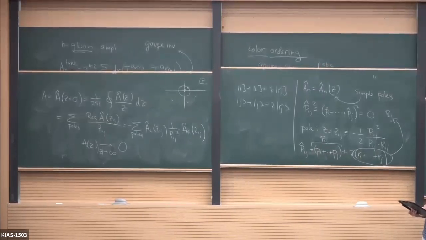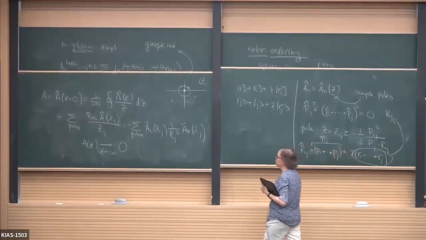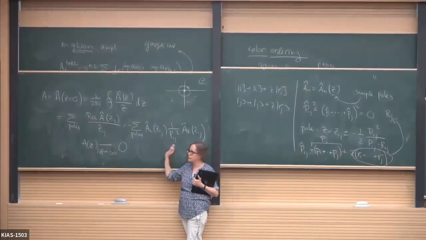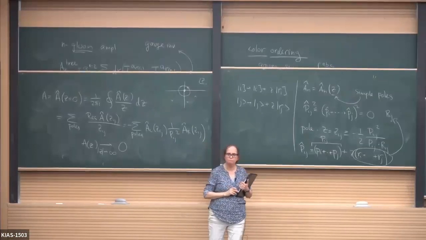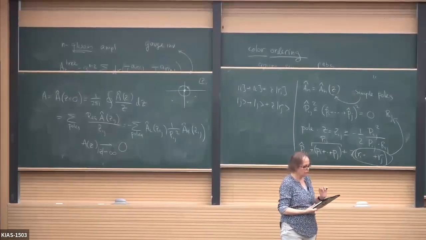But as I said, it allowed people to derive closed expressions for all the n-gluon amplitudes in Yang-Mills theories at tree level. And it's something that's theoretically very nice. Okay, good. So we're done with that.